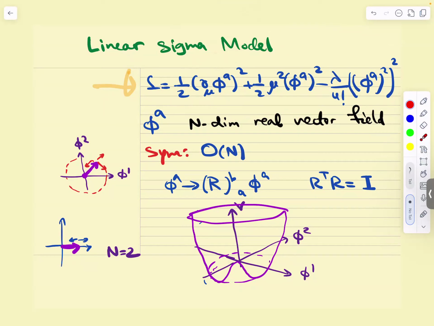So the minimum will be achieved somewhere here, on some fixed radius. But the direction of this vector doesn't matter. That's arbitrary, right? Under an ON rotation, I could just move this around. That's not physical, so I can pick this to be in a particular direction, my favorite direction.